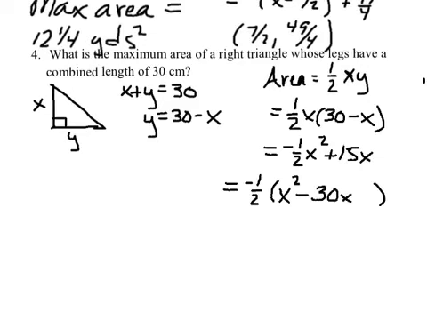And so then what do I have to add in right here? Well, let's see. I'm going to take that 30, divide it by 2, which is 15, and square it. So I'm going to have to add in 225. Okay, sorry, running out of room.